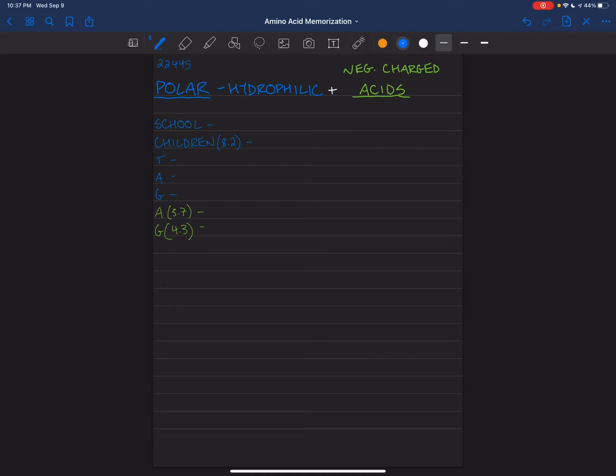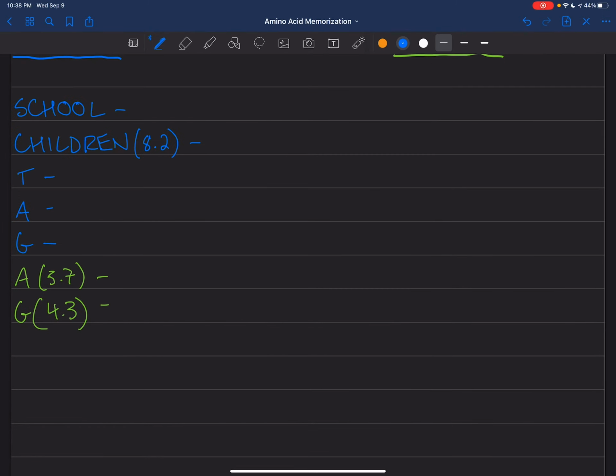This is our polar hydrophilic amino acids. All right, the mnemonic we're going to remember here is school children play tag, okay? And we will name them here. And again, they're in a specific order, but this is serine. This is cysteine. Immediately, when I hear cysteine, I think Sistine Chapel.